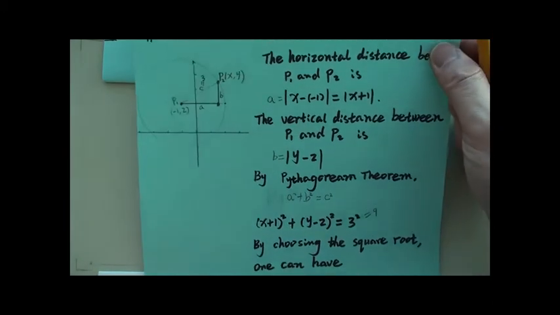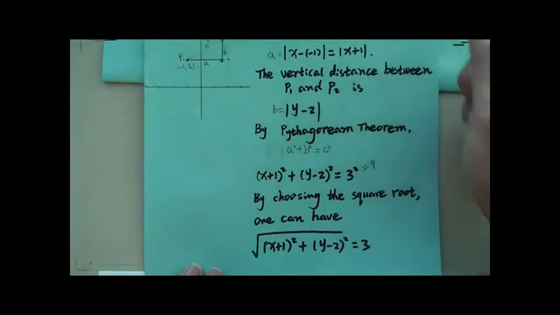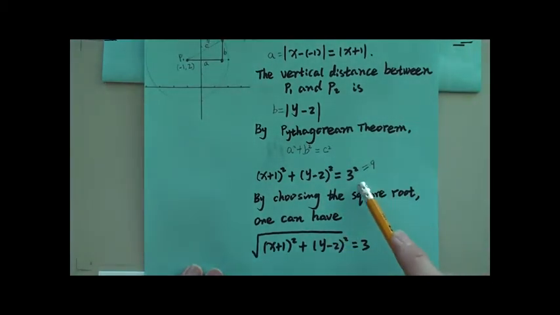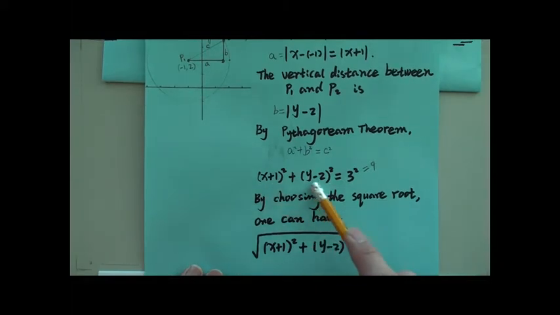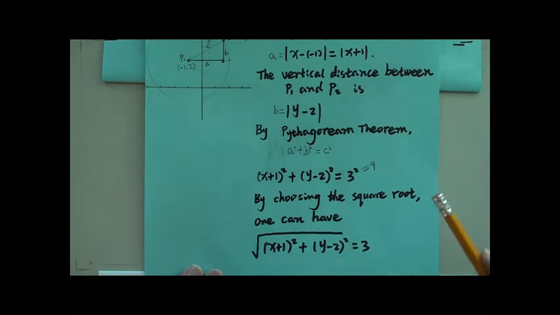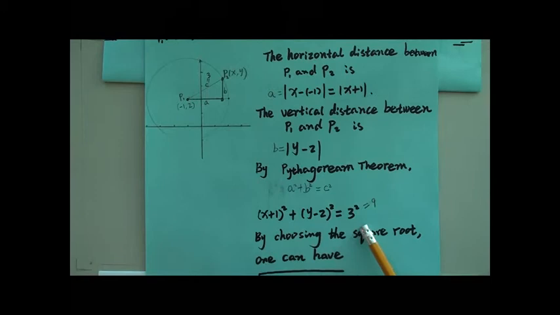But if you want to do more, you can. Choosing the square root, the right hand side, you have a square, choose the square root, it is 3. The left hand side you can write in this way. So you may stop either here or here. Both are correct. This would be the equation.